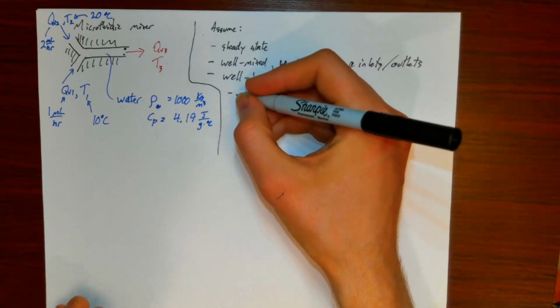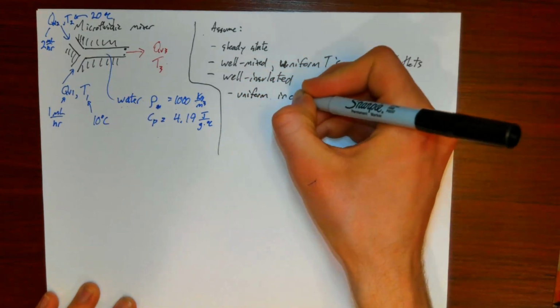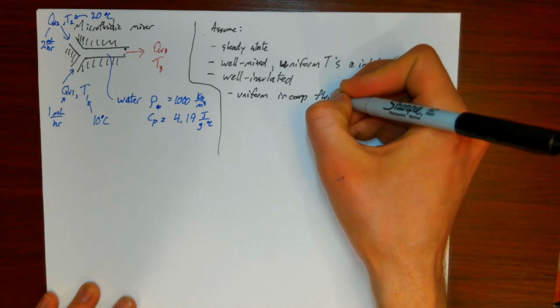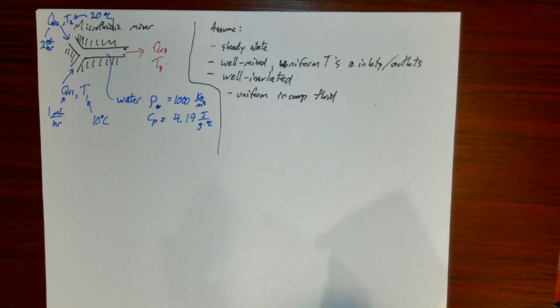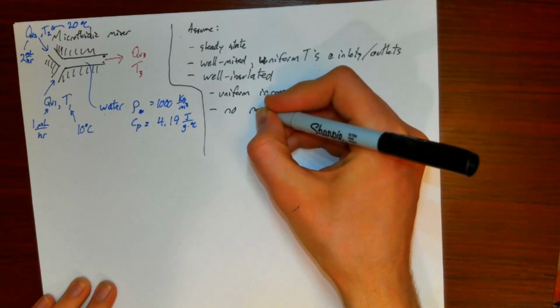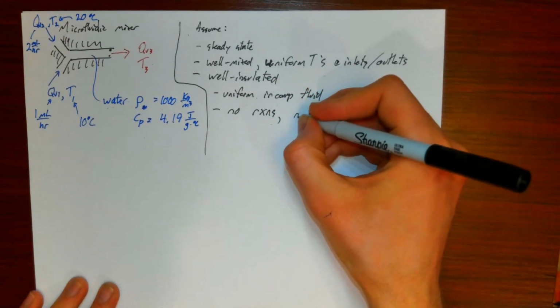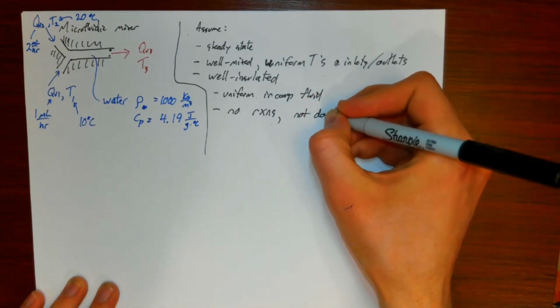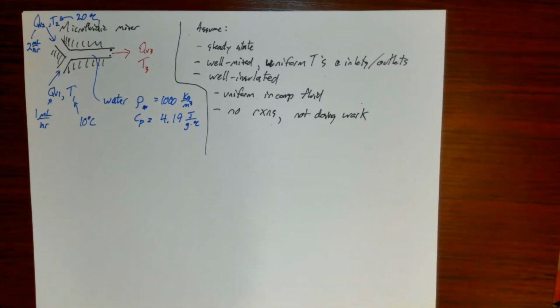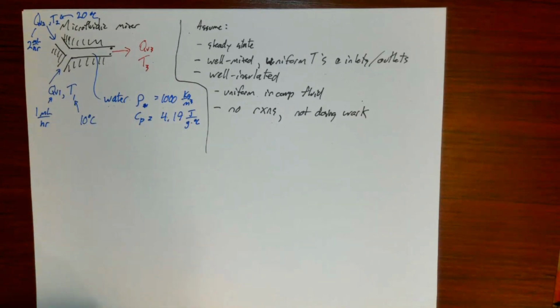We're going to assume that the fluid is uniform and incompressible, so we can say these two properties are constant, and we also don't have any reactions, and the fluid is not doing work on our surroundings. So if we assume all of this about our system, we can proceed with conservation of energy to try to solve this, right?